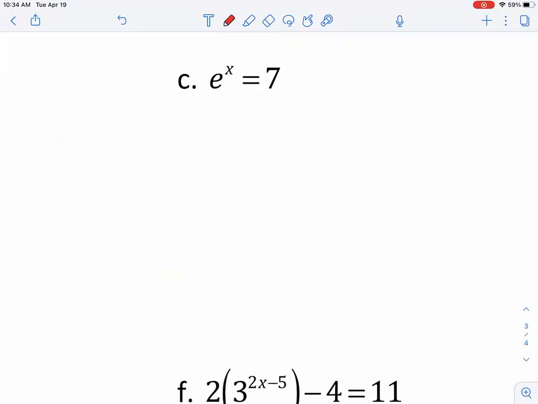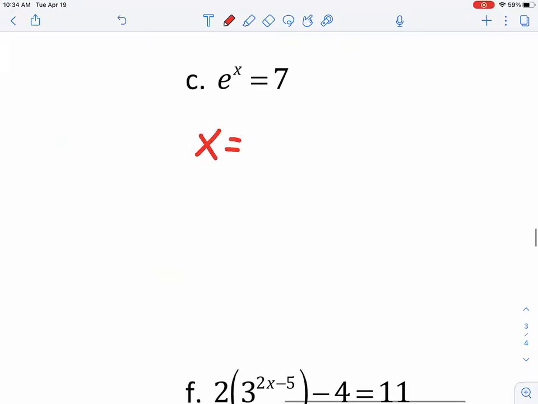When you write that in log form, remember that is x equals log base e. Notice I did not write log base e, but wrote natural log of 7.